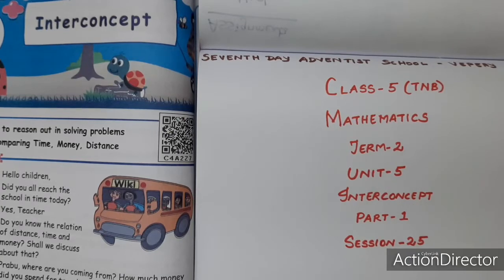Suppose you are coming to school daily from your home. You are coming by some vehicle, maybe by auto, or by bus, or by bike, anything. So there is always a relationship. That is time: how much time it takes for you to come from your home to school.